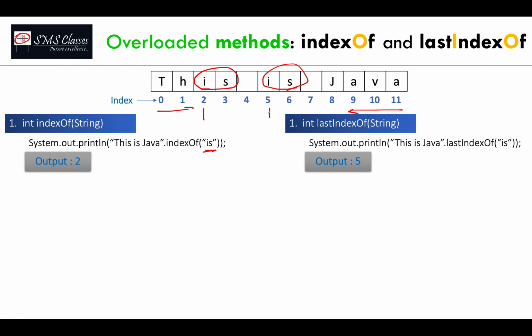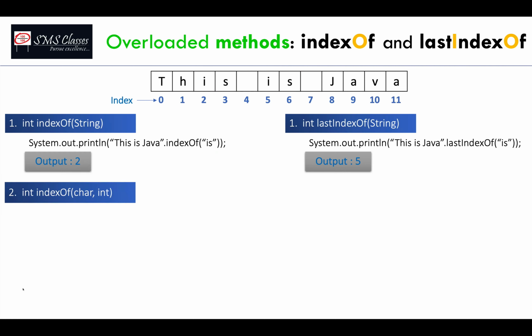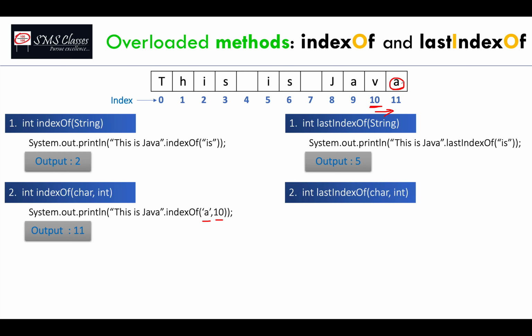That is lastIndexOf is and first indexOf is. The next variant is indexOf char comma int. That is, you can give a character and from where to start the search. So basically from 10 it will search towards the right side. It finds the a at 11, so that will be the position. Whereas in lastIndexOf a comma 10, it is going to search from 10 towards the left side. So it finds a here, so 9 is the answer.